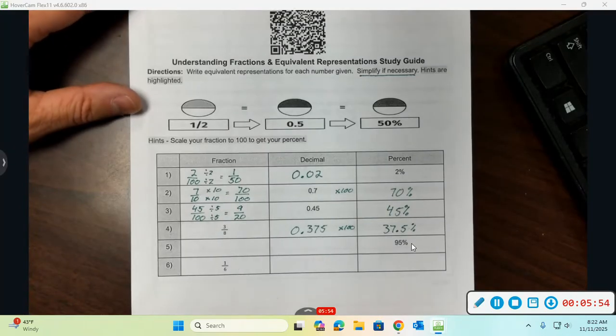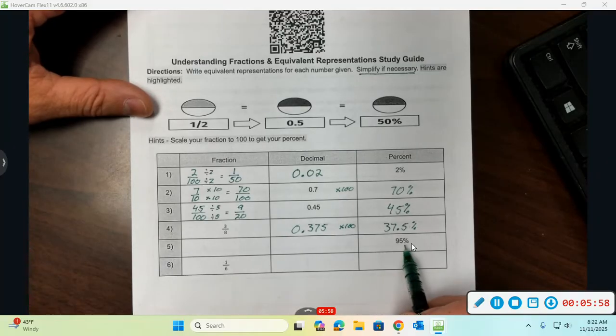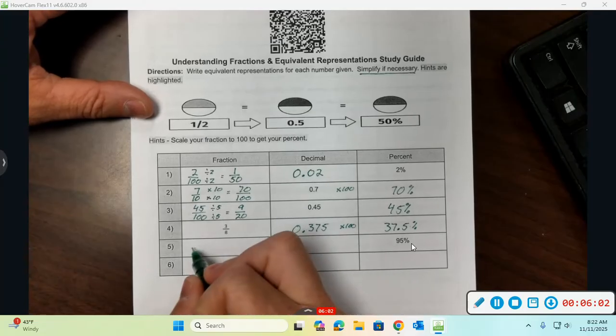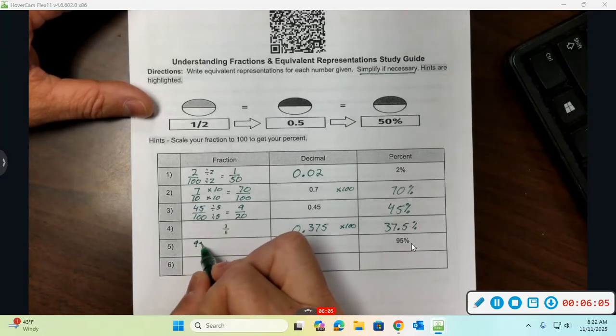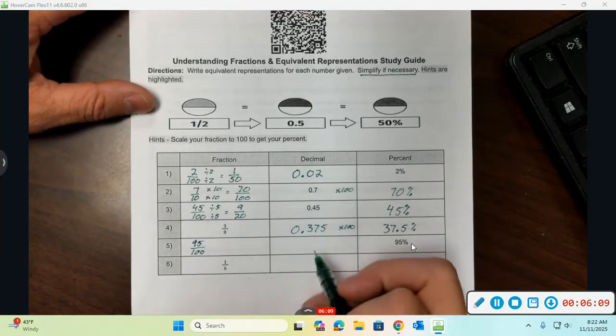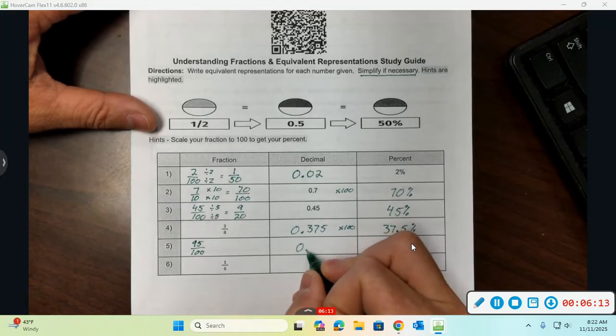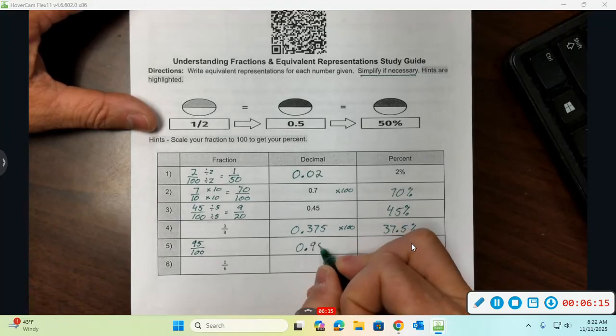Let's look at 95% here. We have a percent, so let's turn it into a fraction. Percent means per 100, so what's this going to look like as a fraction? 95 over 100. So what would that be as a decimal? Yeah, 95 hundredths.